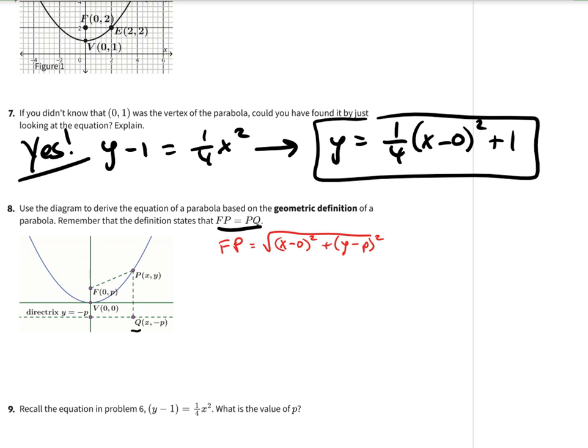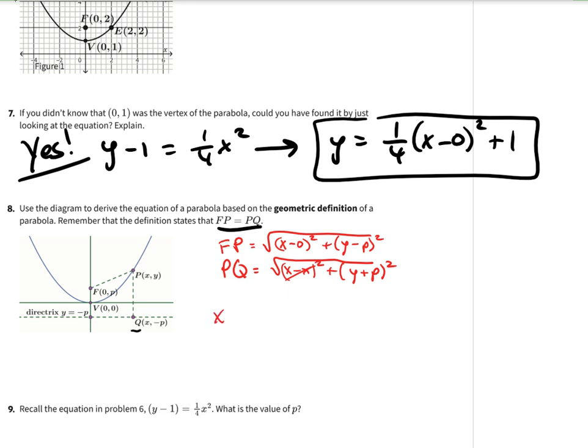PQ, this is going to be x minus x squared plus y plus p. Okay, so this cancels out, right?